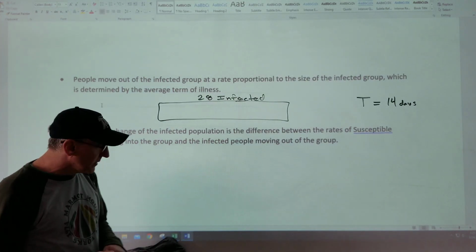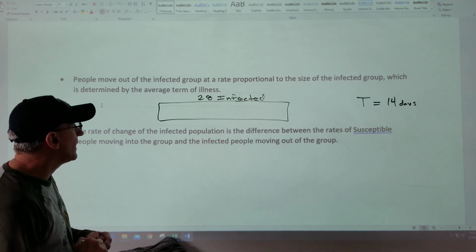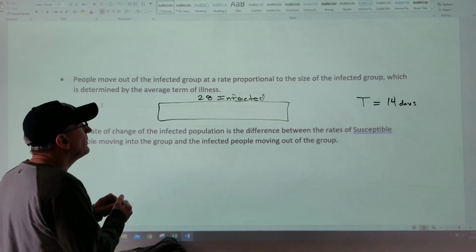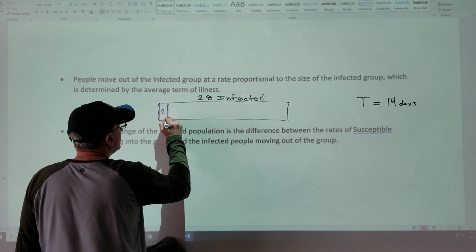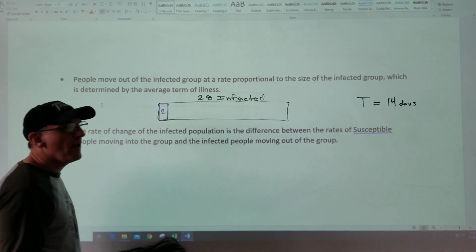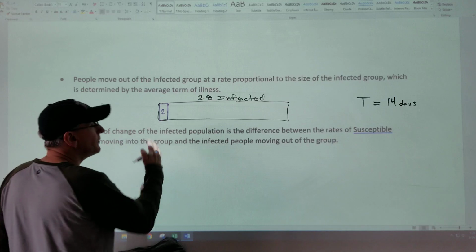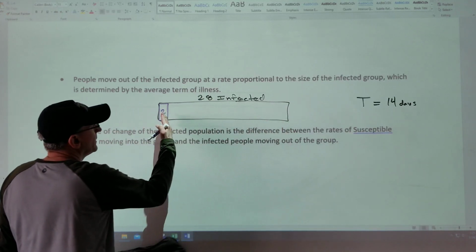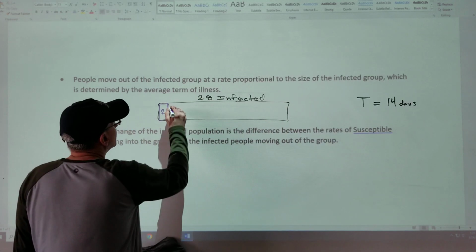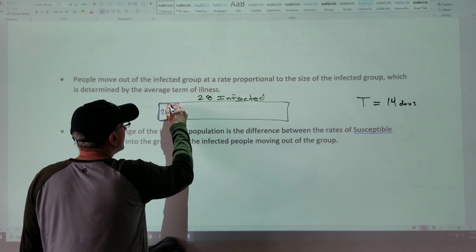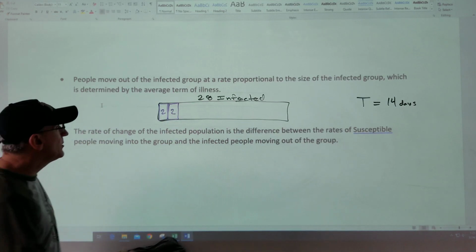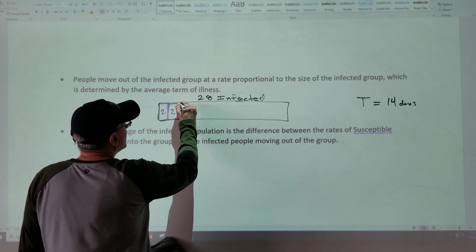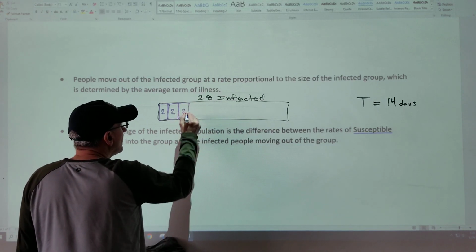And so the assumption of the model at this point is to say, well, there are 2 people right here who just got the illness today. Right next to, if you order them in terms of how long they've been afflicted, there are 2 people right next to them who got the illness yesterday. There are 2 people next to them who got the illness the day before yesterday.